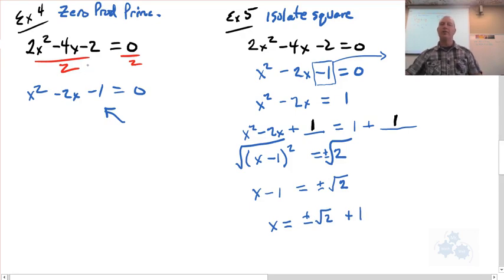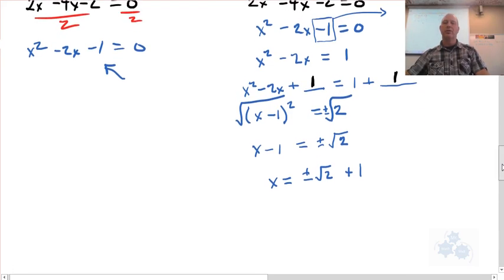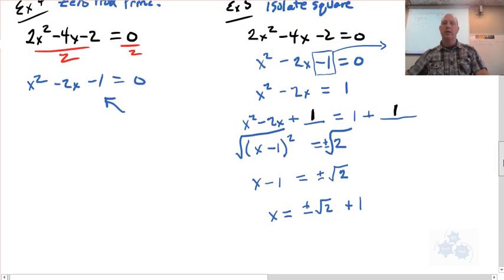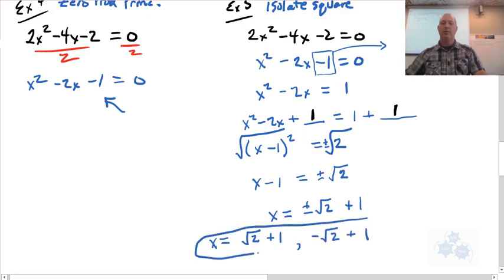So this is why the zero product principle didn't work, because we do not have integer solutions here on this one. Okay? So the two x values are going to be root 2 plus 1 and negative root 2 plus 1. Those are my two solutions.